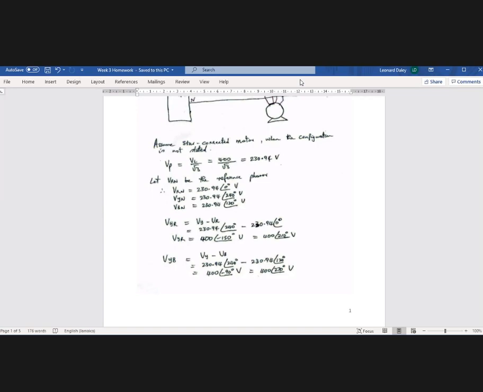You really need to know how to do it. The textbooks will show you a whole heap of phasor diagrams. They might not necessarily use the same reference. Their reference starts, for some of them, up at 90 degrees. I don't use that. My reference is at 0 degrees, which is what we use from maths.